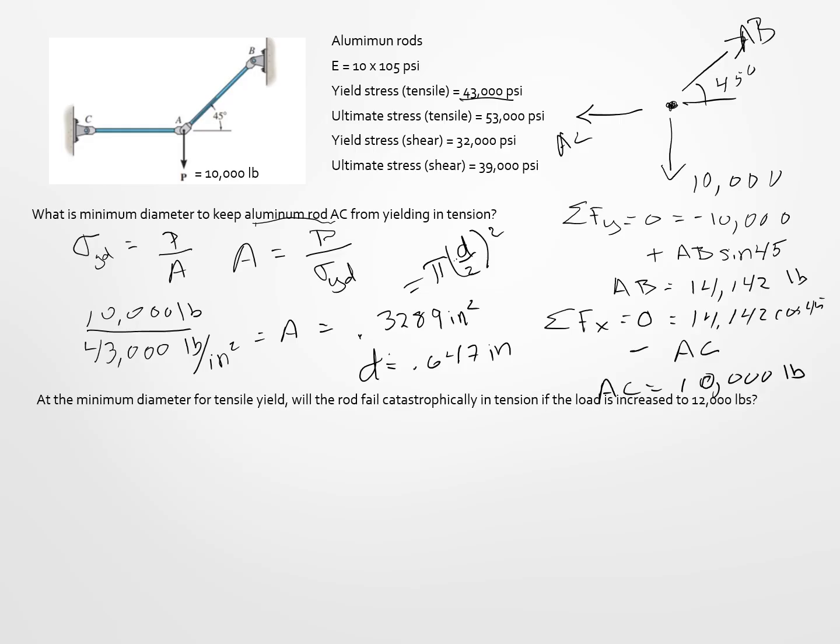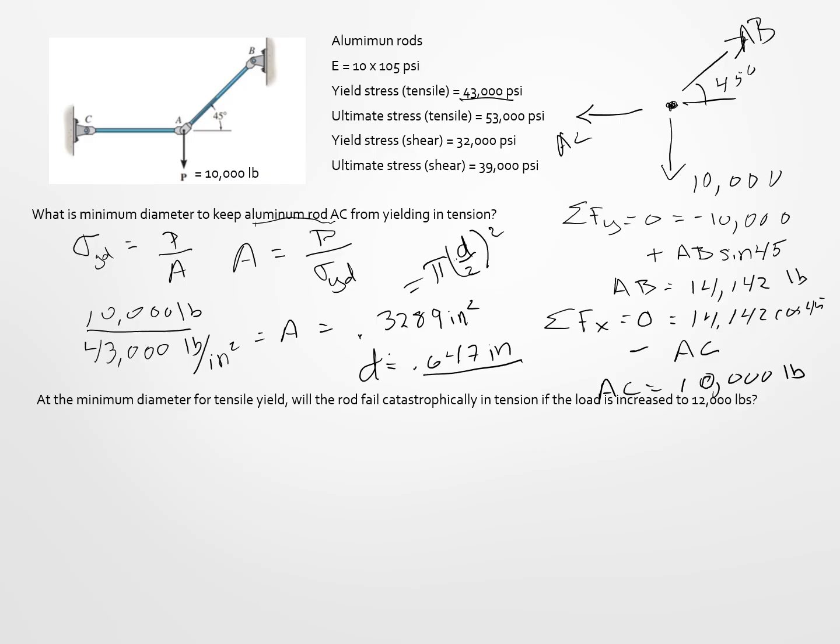The next question is asking, at the minimum diameter for tensile yield, will the rod fail catastrophically in tension if the load is increased to 12,000 pounds? So in other words, if I'm using this diameter, will it fail catastrophically in tension if the load is increased to 12,000?